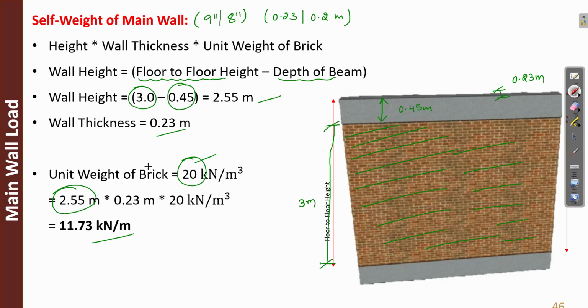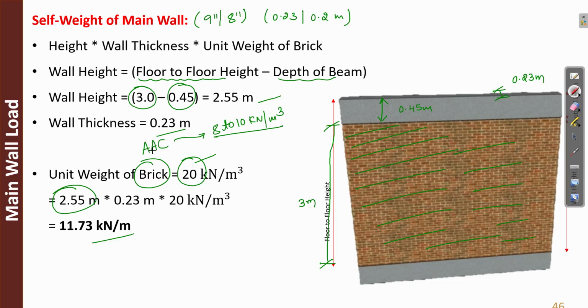Assume instead of brick, there are AAC blocks. Again you need to note down the density of AAC block, which is less than 20, almost 8 to 10 kilonewton per meter cube.